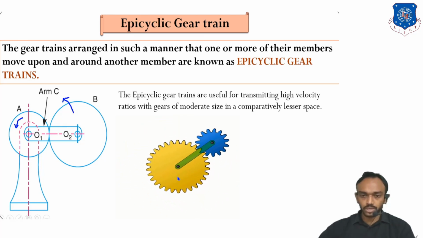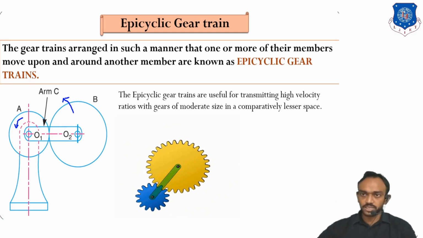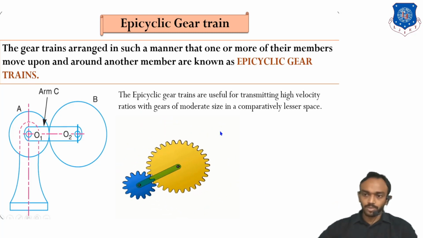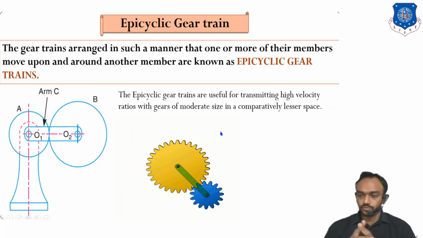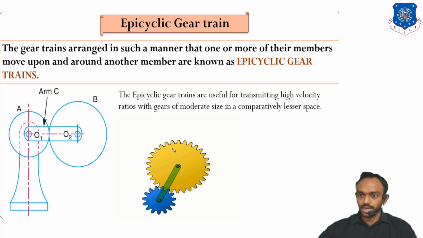It is also revolving around the center gear. So the method will be changed here. If the RPM of this gear is N1 and we want to find N2, what will be the procedure? And in this case there will be an RPM of the arm also.